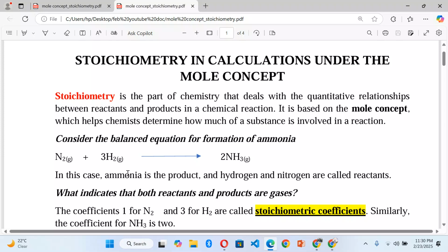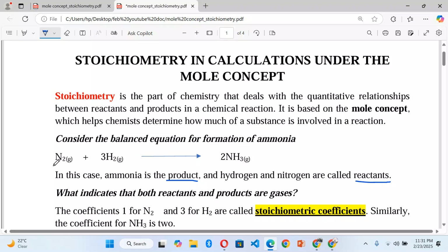When you look at this equation, what is on the right hand side is what we call the product, and on the left hand side is what we call the reactants. So ammonia is the product, and hydrogen and nitrogen are called reactants.